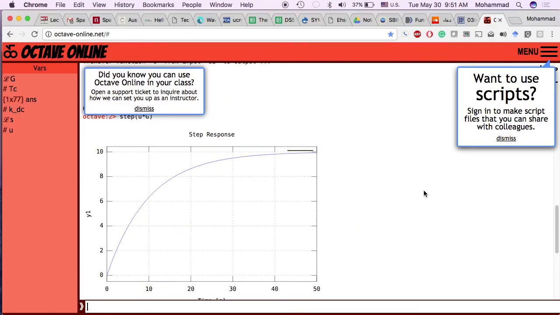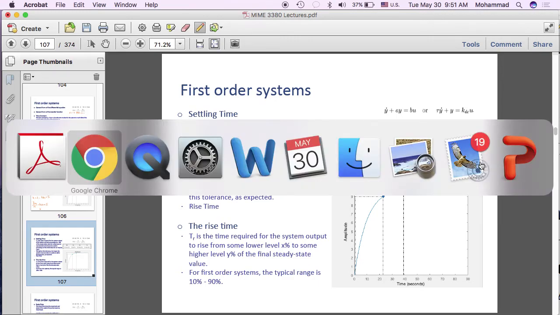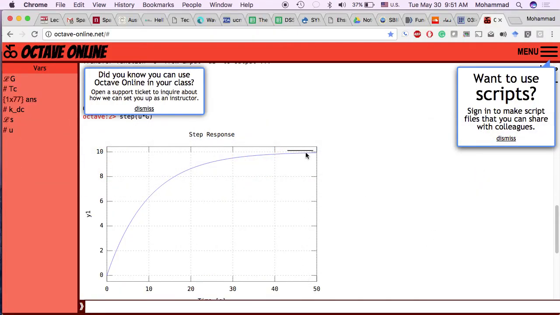So it takes 40 seconds. And if you want to get to the 1% vicinity, it's going to take 4.6 times the time constant. So it takes like 46 seconds to get to 9.99.